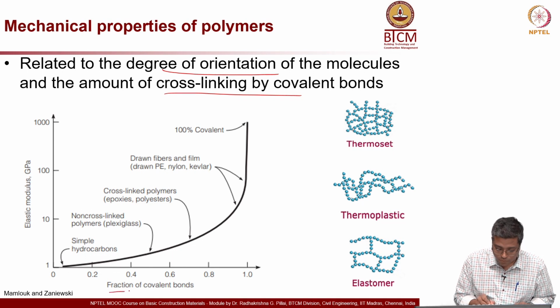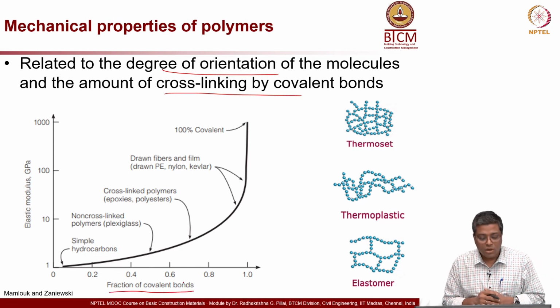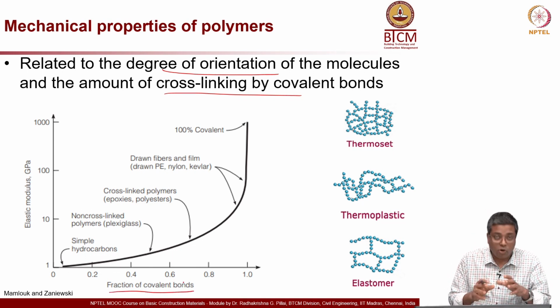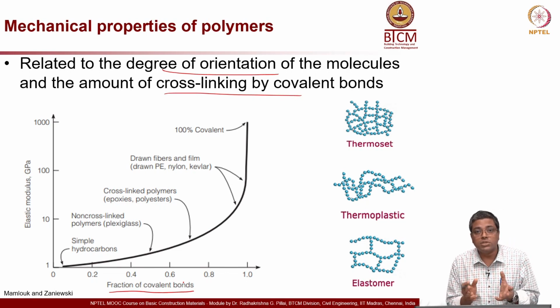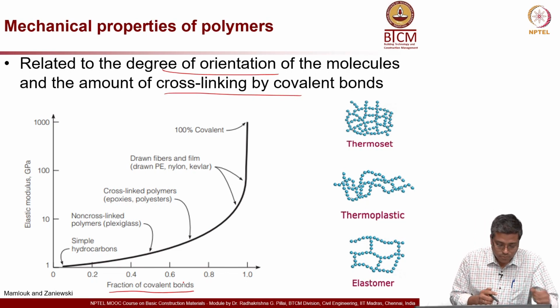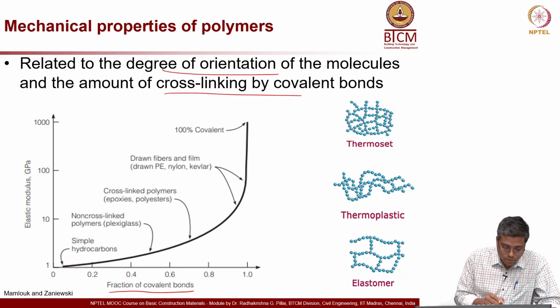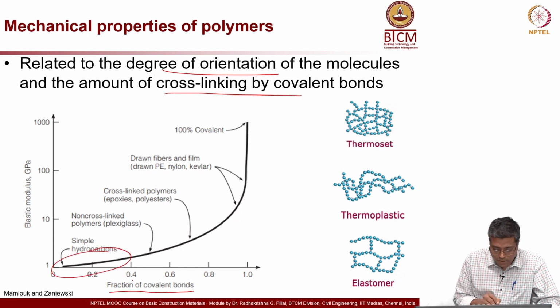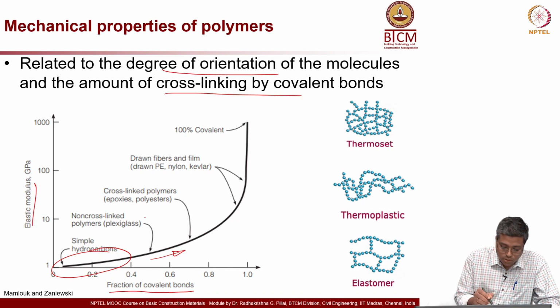You can look at the fraction of covalent bonds, or how much of all the bonds which are present are covalent bonds. As you have very little covalent bonds, the modulus is very little. On the bottom left corner region is what I am talking about. As the fraction of covalent bond increases, the modulus is also increasing.